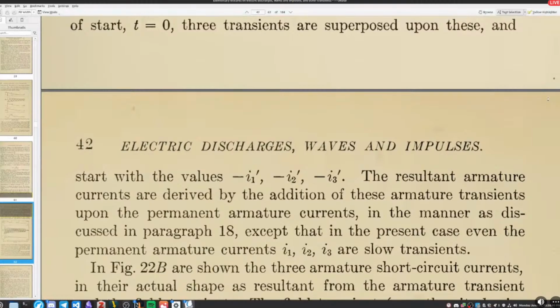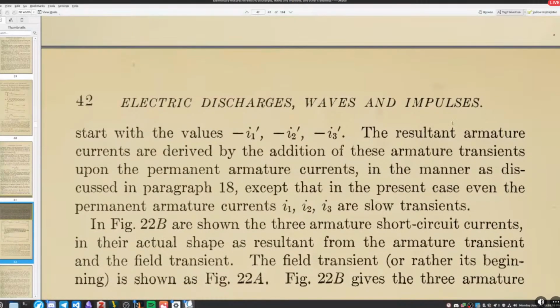The resultant armature currents are derived by the addition of these armature transients upon the permanent armature currents, in the manner discussed in paragraph 18, except that in the present case even the permanent armature currents I1, I2, I3 are slow transients.